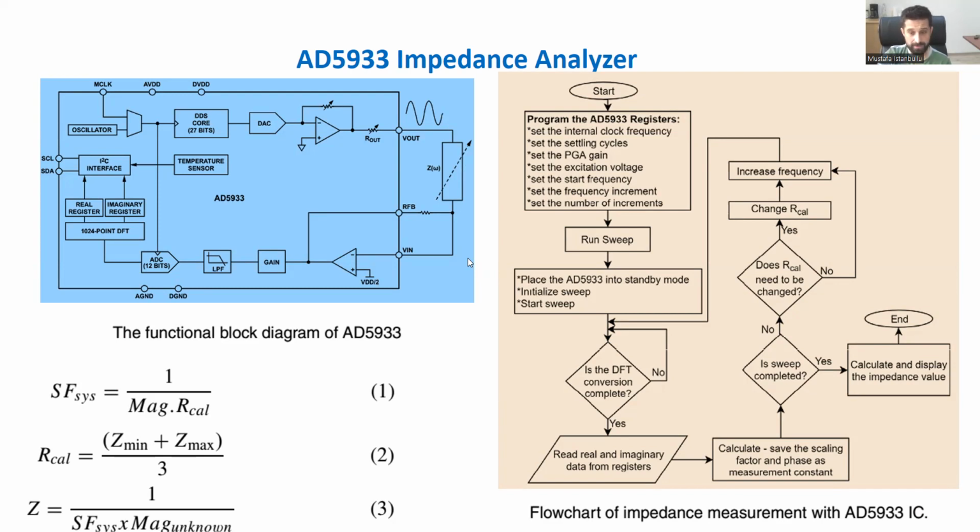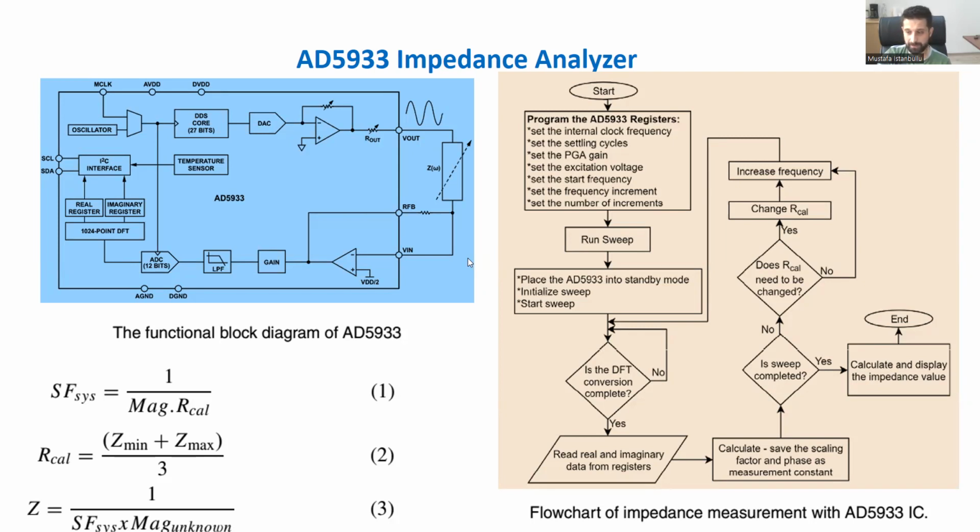The AD5933 chip considers scaling factor of the system to obtain high precision impedance measurement. The scaling factor calculation is given here in equation 1. Here, FCs and RCAL are scaling factor and calibration impedance of the system respectively, whereas the MAG is magnitude of the impedance to be measured.